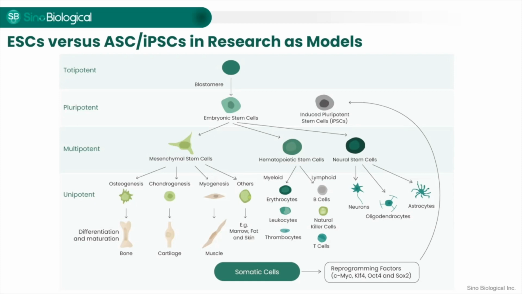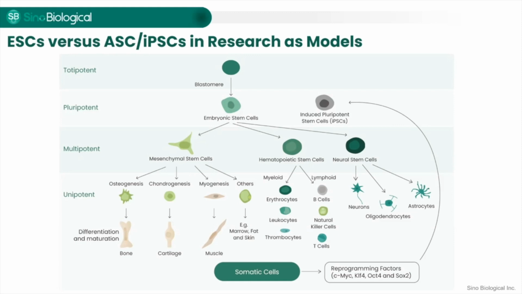On the other hand, there are induced pluripotent stem cells that begin with somatic cells, and they are a promising alternative for studying antigen expression in vitro and developing novel cellular therapies.